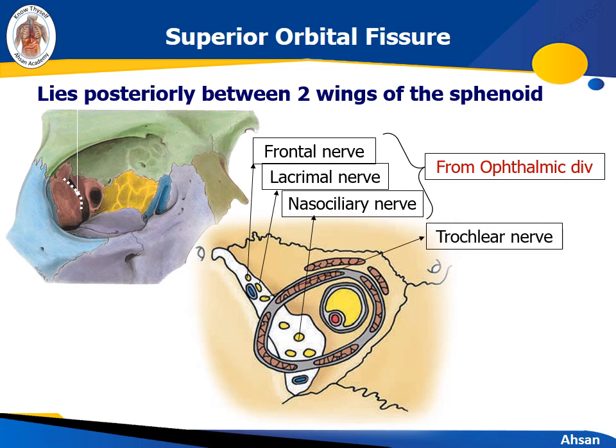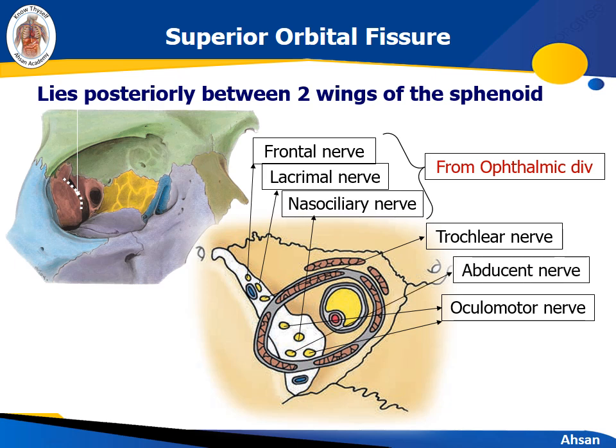This is the trochlear nerve that passes above the ring, and within the ring passes the nasociliary nerve of the ophthalmic division of the trigeminal nerve. Oculomotor may pass as a separate division, and one cranial nerve is the abducent nerve.